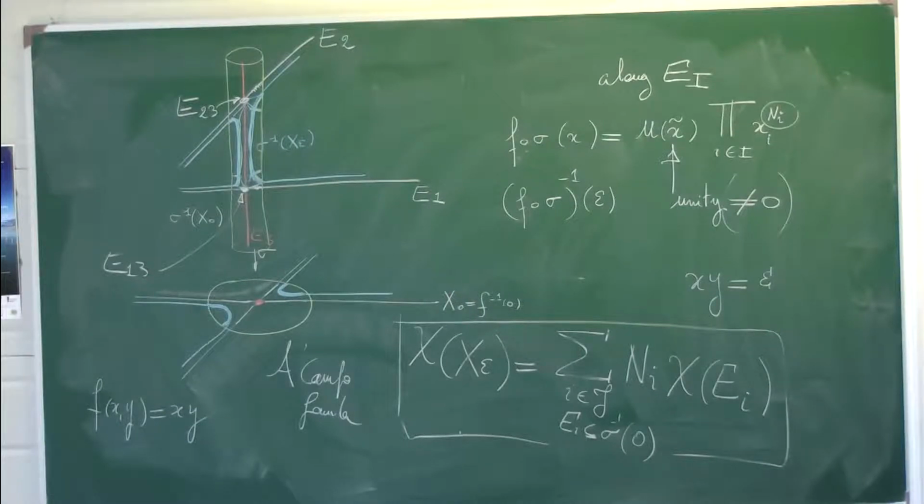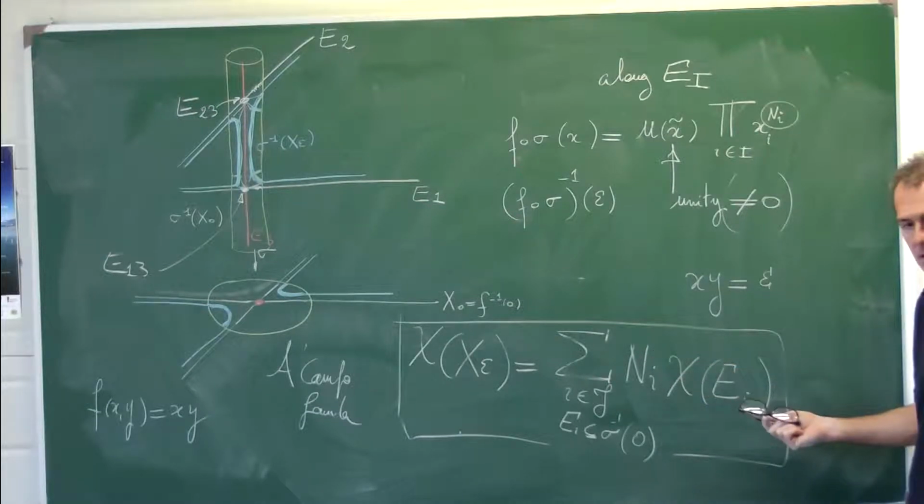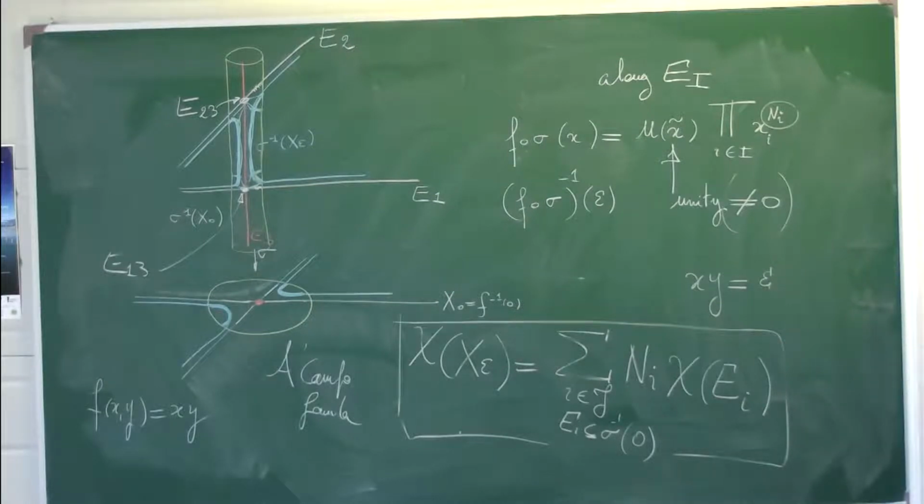We don't have a vanishing Euler characteristic. So the formula is the same, I mean, we have the same kind of formula by additivity, but involving now all dimensions of strata in the real case. So the formula is much more complicated.